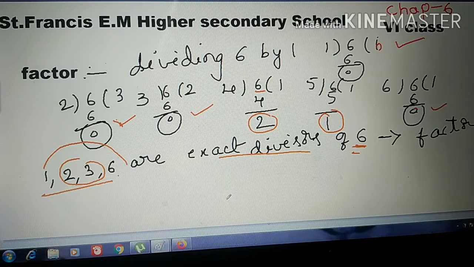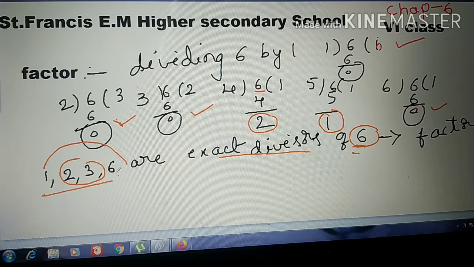A factor of a number is an exact divisor of that number, and also a number is a multiple of its factors. And if you observe, all these factors are less than or equal to the given number.